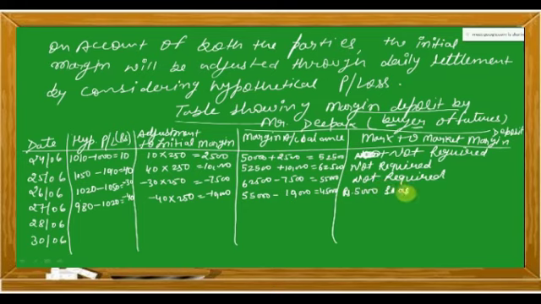so as to maintain the initial margin at rupees 50,000. Over here we are assuming that the margin is being asked, 5,000 rupees, and it is being deposited.